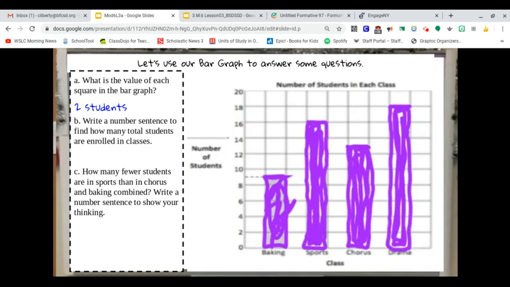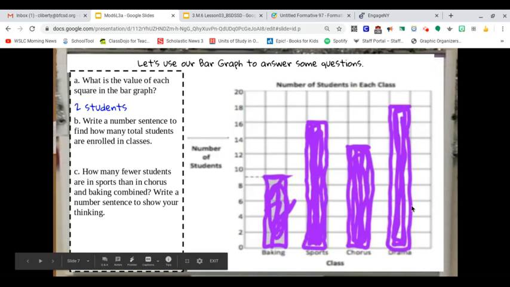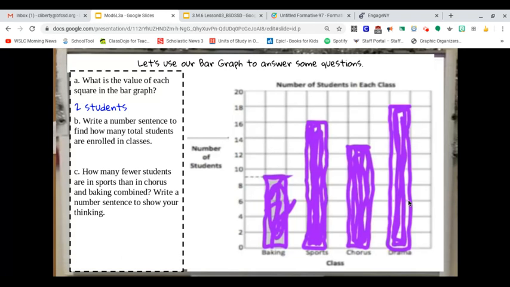Write a number sentence to find how many total students are enrolled. How can I figure out how many students are in baking and sports and chorus and drama? And means add. When we combine, we're putting a bunch of parts together to make one big whole.